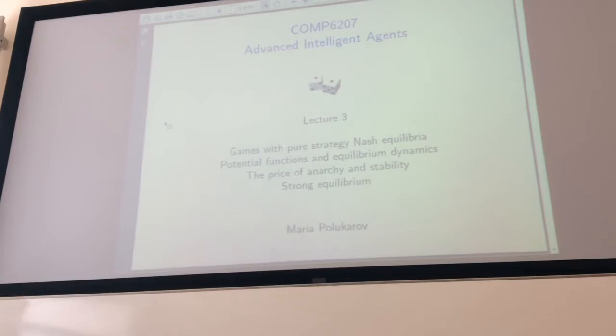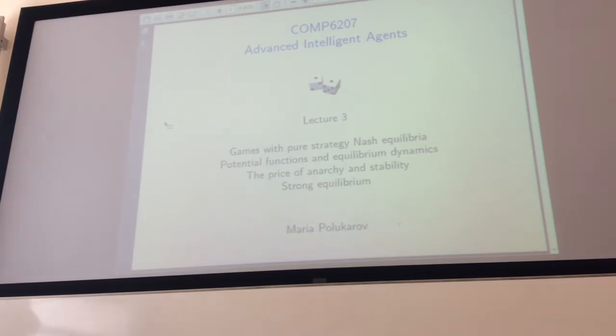That's why we know that every extensive form game we can represent in a normal form, but not the other way around. If we have a game in a normal form, not always is there an extensive form game with perfect information that would be equivalent to that game. So extensive form games are a subclass of general games that we usually deal with, and they have pure strategy Nash equilibria.